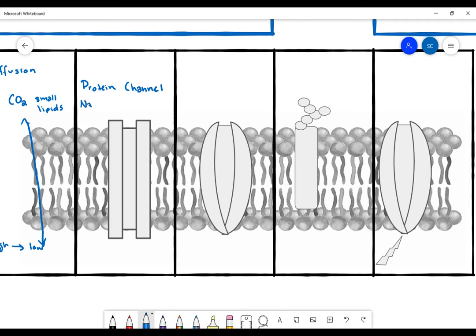So those are sodium, calcium, chlorine, and potassium, and then water as well. And the title for how these molecules can move in and out of the cell is facilitated diffusion.